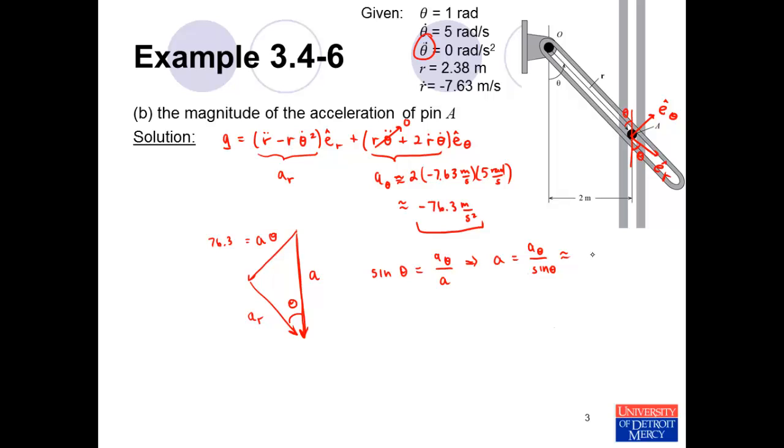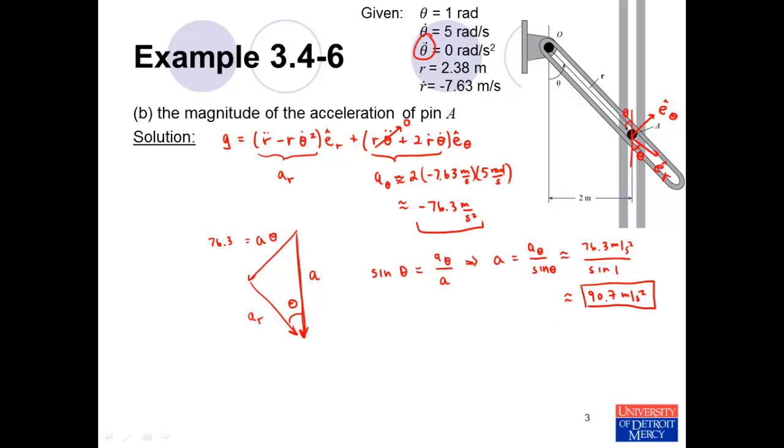Where the transverse component is approximately 76.3 meters per second squared, divided by sine of 1 radian. That works out to be approximately 90.7 meters per second squared. That's the magnitude. If we needed the direction, we would note that it's vertically downward.